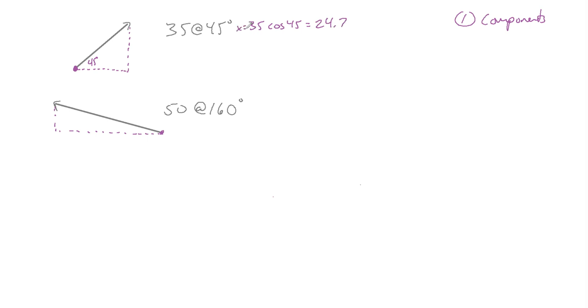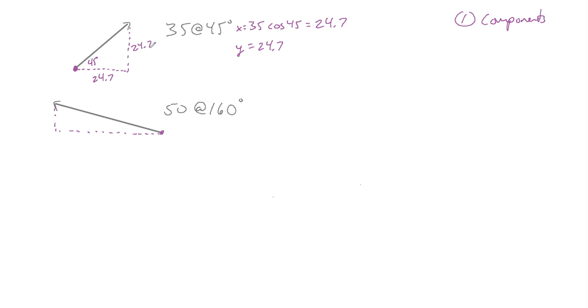It's at 45 degrees, so I know the 2 sides of my triangle are going to be equal to each other. So I know my y component is also going to be 24.7. So that's kind of nice. It's going to the right, x is positive. It's going up, y is positive. So that one's all taken care of.